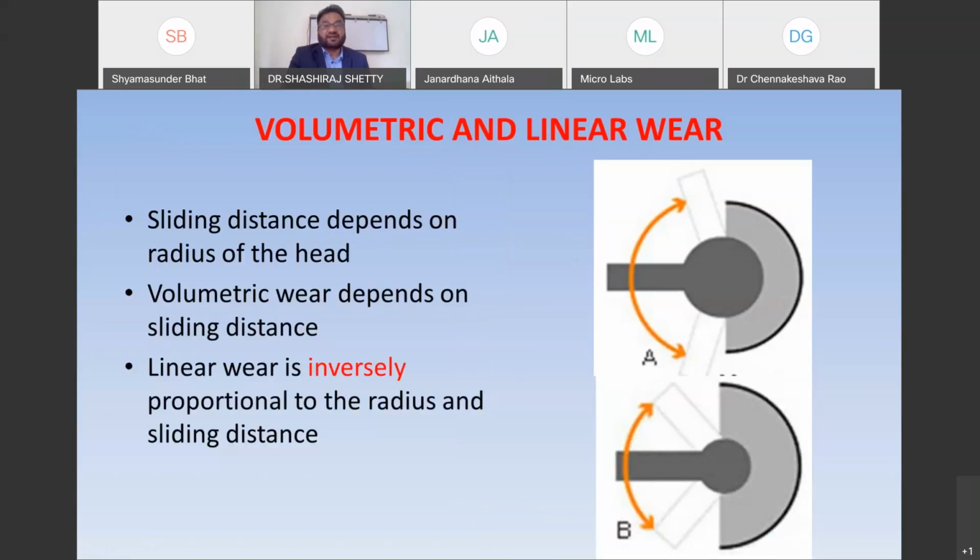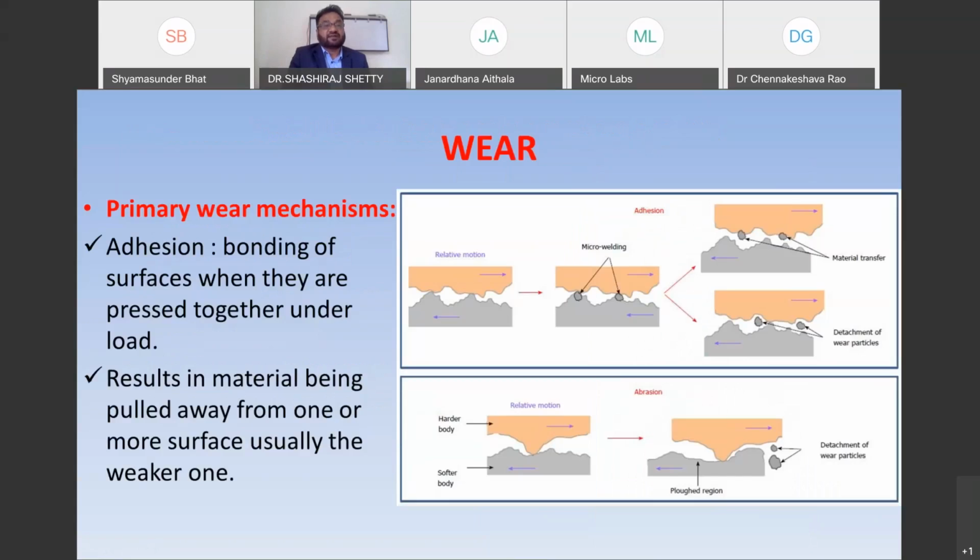Volumetric and linear wear. Sliding distance depends on the radius of the head. Volumetric wear depends on the sliding distance. Linear wear is inversely proportional to the radius and sliding distance. Wear, primary wear mechanism, adhesion: bonding of surfaces when they are pressed together under load results in material being pulled away from one or more surfaces, usually the weaker one.